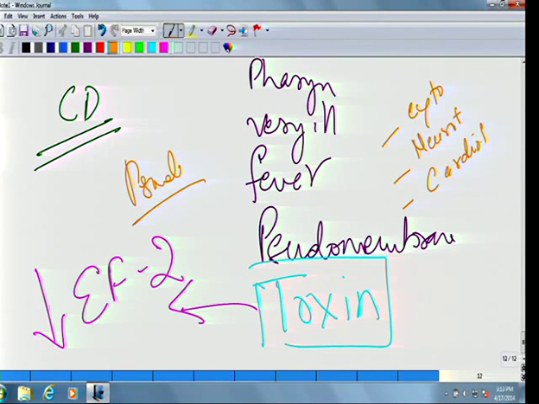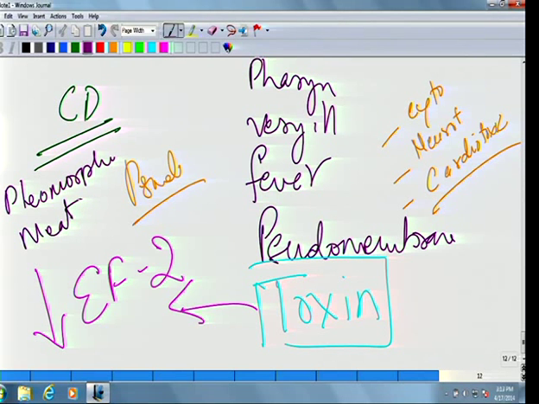Okay, and what is the morphology of CD? It is pleomorphic and matchstick with metachromatic granules, Chinese letter pattern. So you know the morphology of C. diphtheria. Okay, so that's about C. diphtheria.